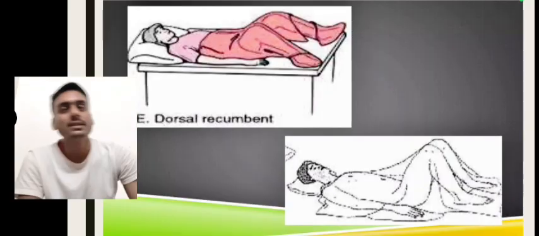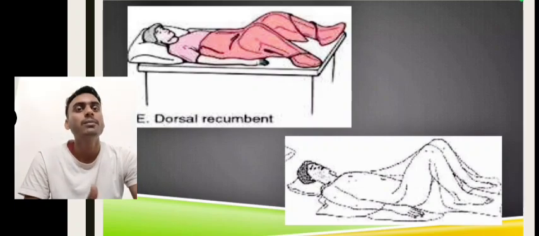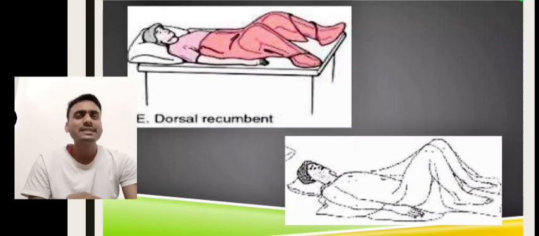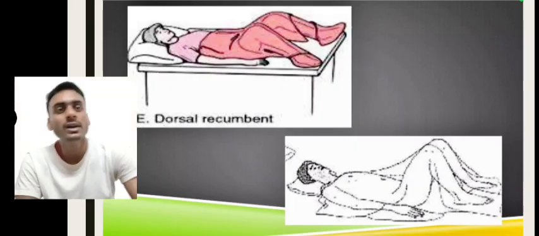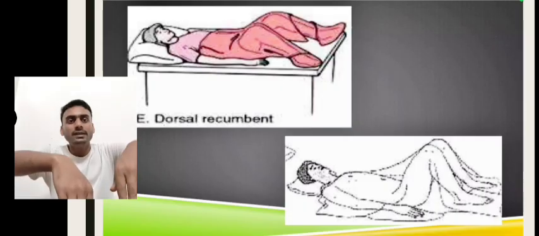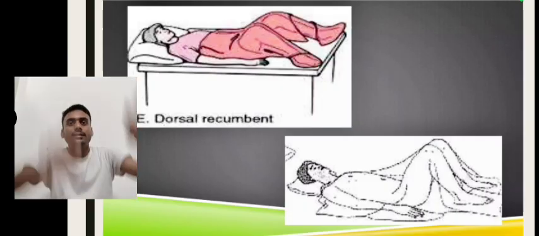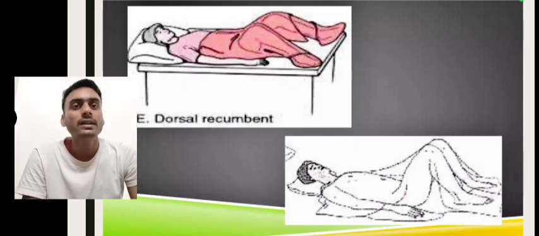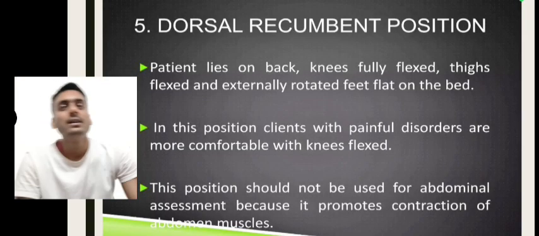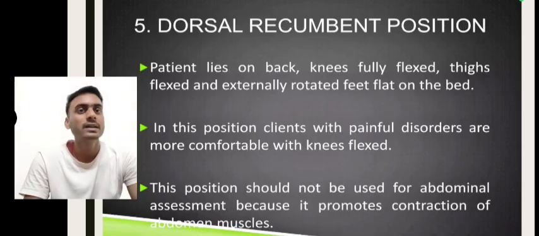So now we discuss the next position, that is the dorsal recumbent position, a little bit similar to the lithotomy position. A patient flexes his knees and his feet are placed on the bed, not on the table or a step. So the patient lies on the back, knees fully flexed, thighs flexed and externally rotated, feet flat on the bed.